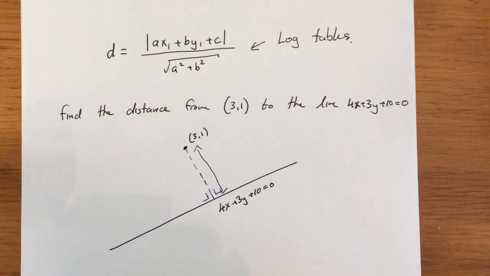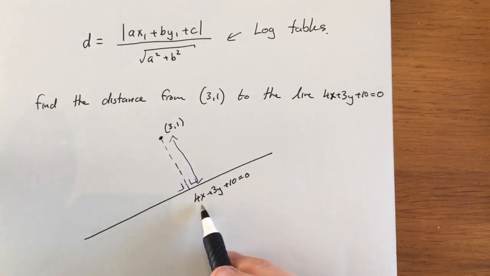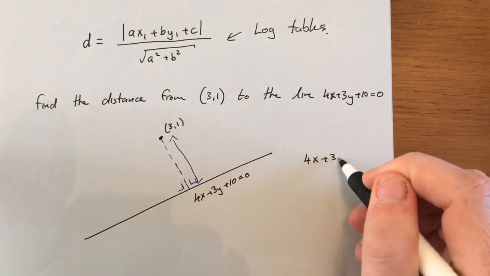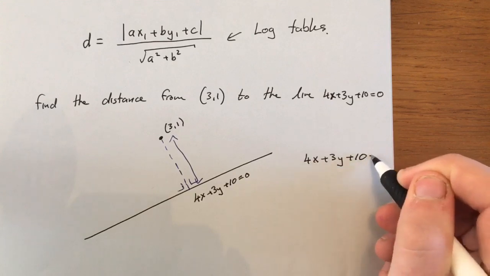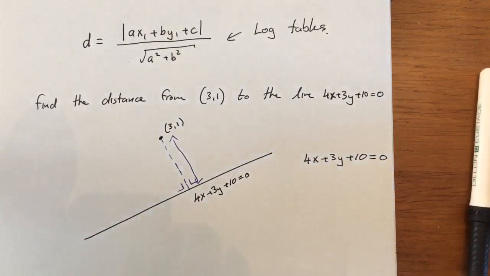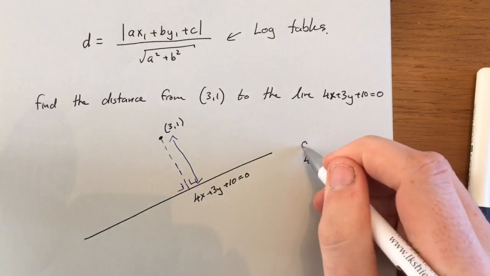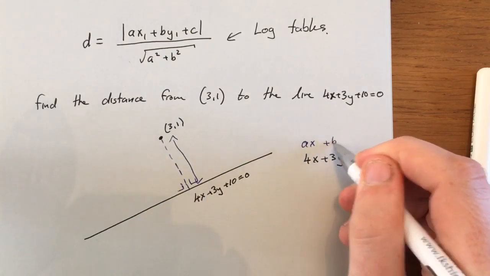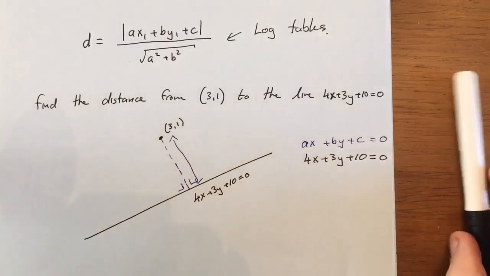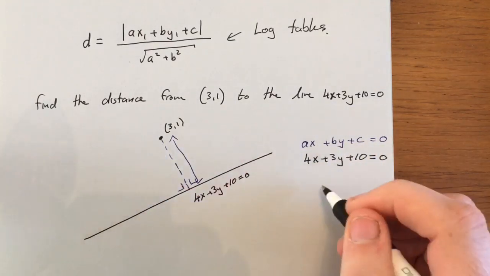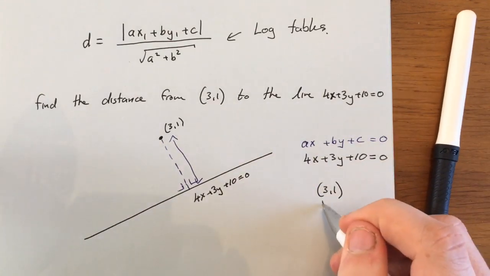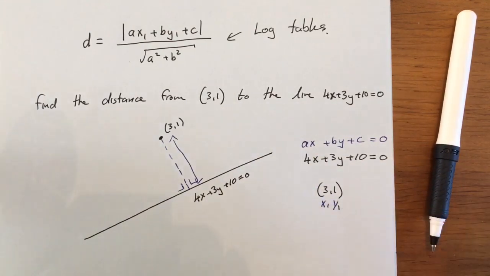The way you do it is, first of all I'd write down my line. Our line is 4x plus 3y plus 10 is equal to 0, and we know that is always in the format of ax plus by plus c is equal to 0. Then our point is 3, 1, and we know our point is always labelled as x1, y1.